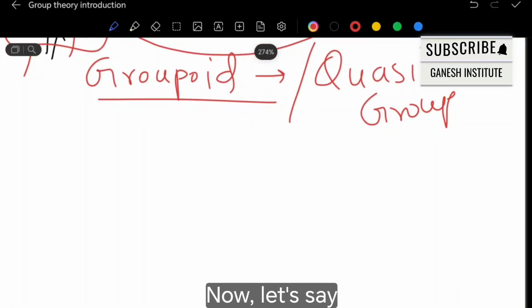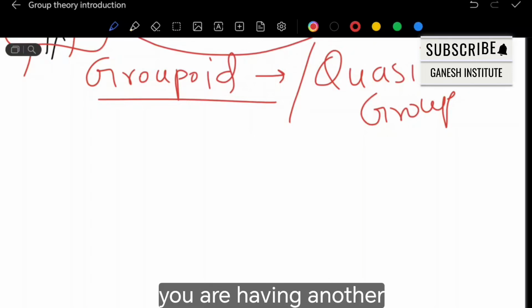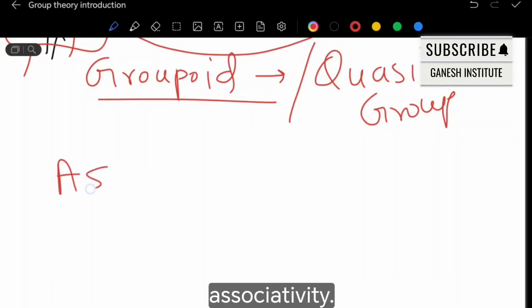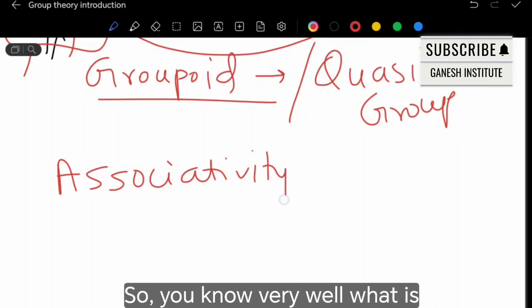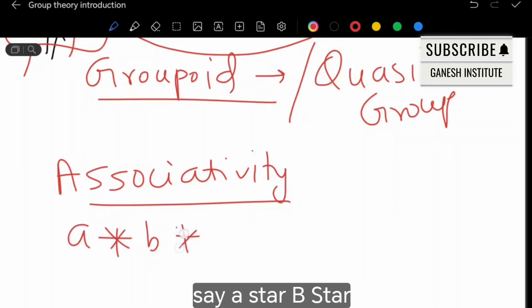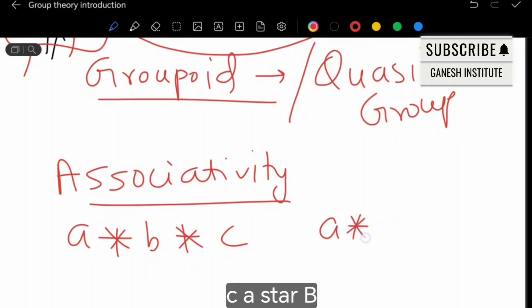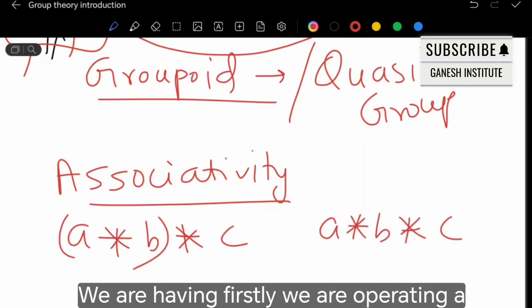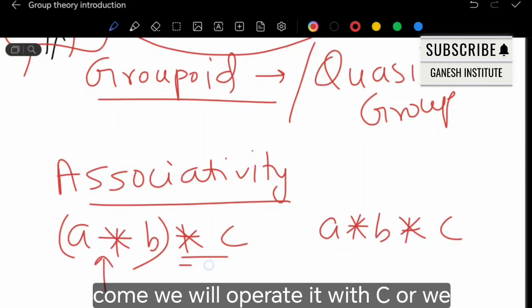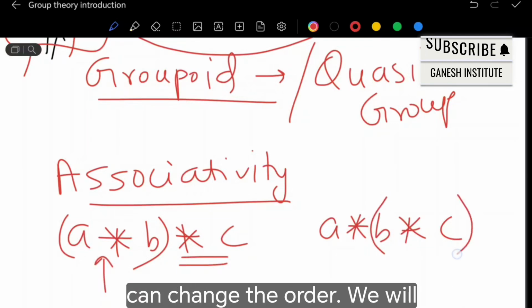Now, let's say you are having another property. We are moving towards the next property, which is associativity. So you know very well what is associative. When we have, let's say, A star B star C, we are having, firstly, we are operating A and B. Then whatever result will come, we will operate it with C. Or we can change the order.